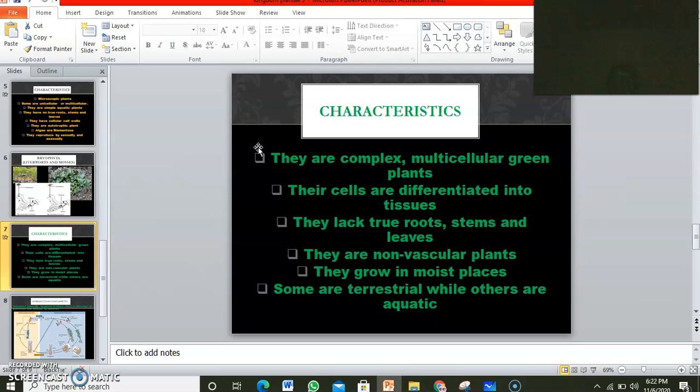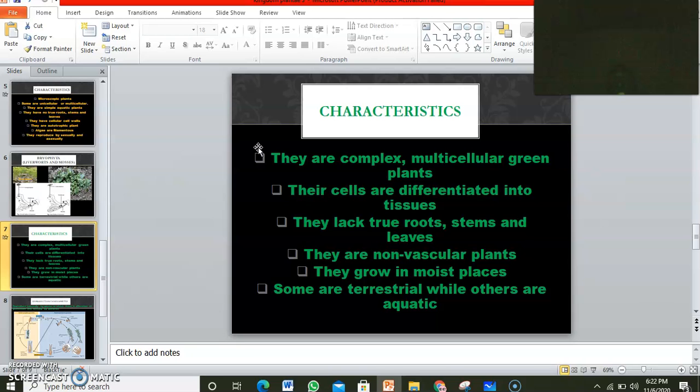Now, they are characterized by what? Multicellular plants. Actually, they are characterized by a high number of cells. They are differentiated into tissues, which means they're made up of more than one cell joining together. They're not up to an organ yet.